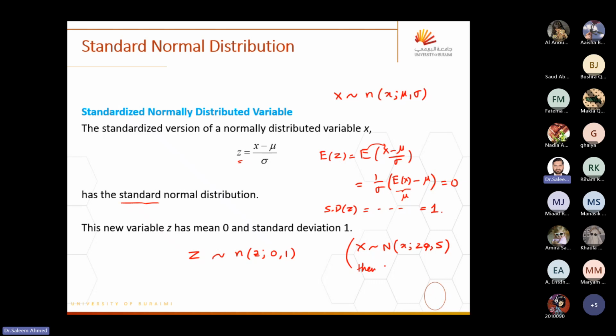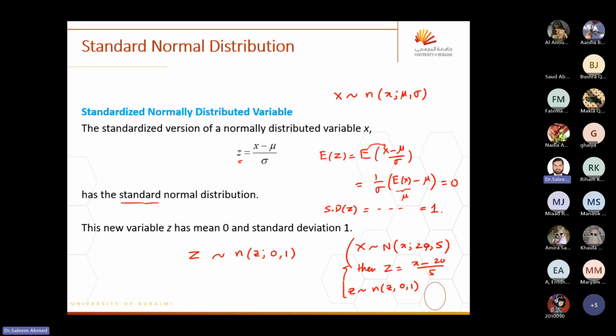Then you can define z, which is x minus 20 by 5. Then this z is normally distributed with mean 0 and variance 1. Automatically, x minus mu by sigma will always give you a standard normal variable.